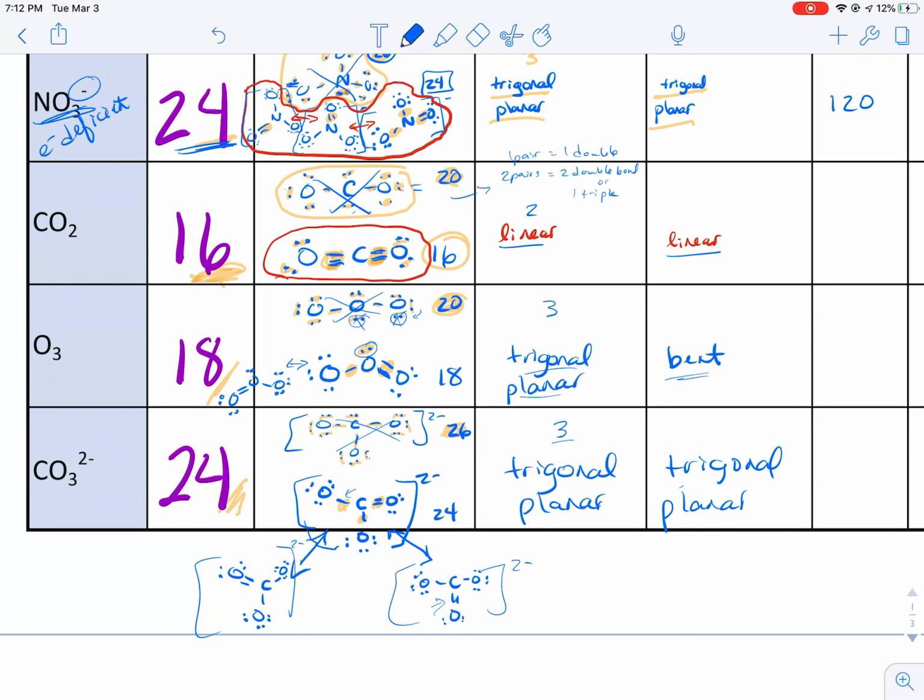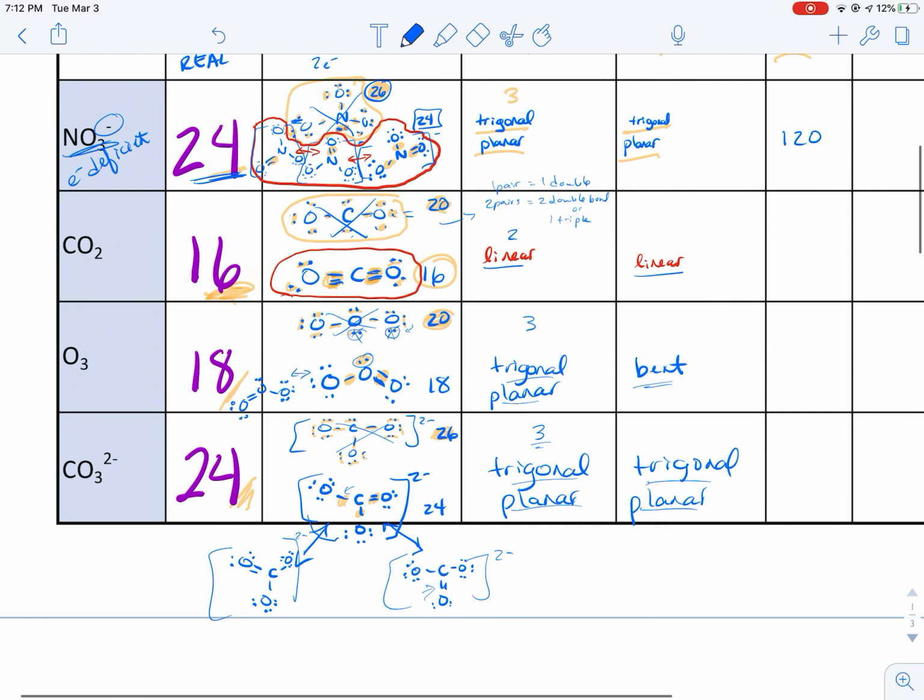So 3 regions, which is trigonal planar. No lone pair, so he still has the same name, trigonal planar. And just to review, linear is 180. Bent is 109.5, but it's a little bit less than that. And trigonal planar is 120.